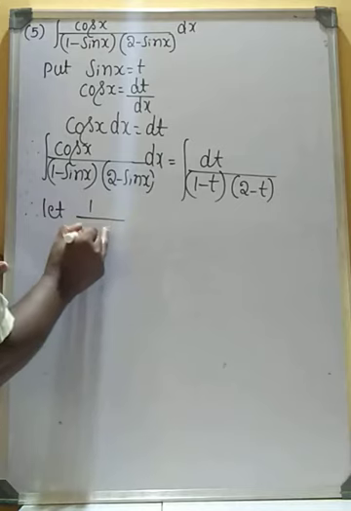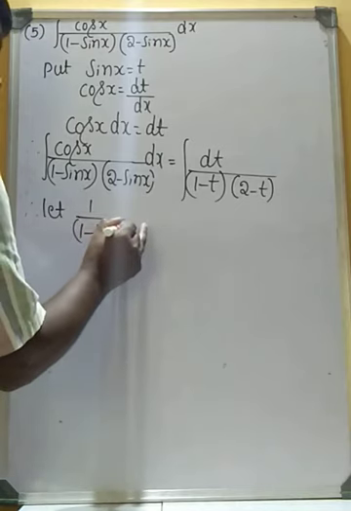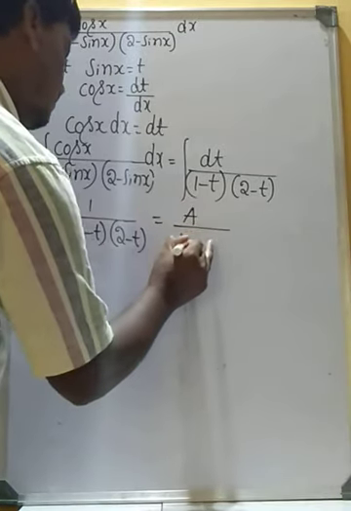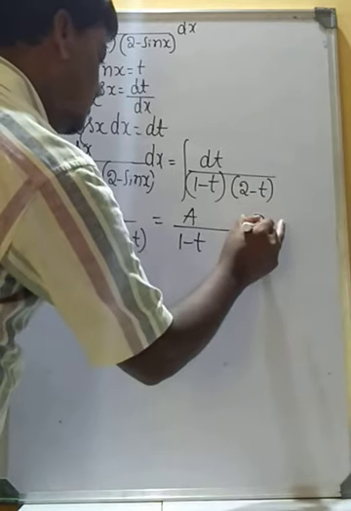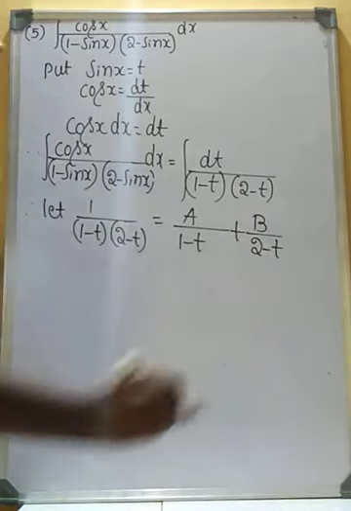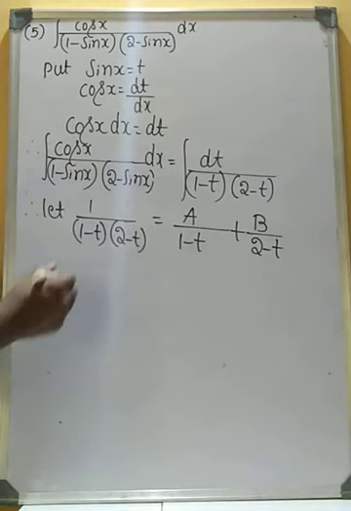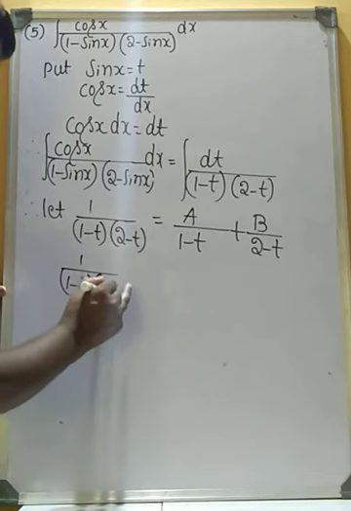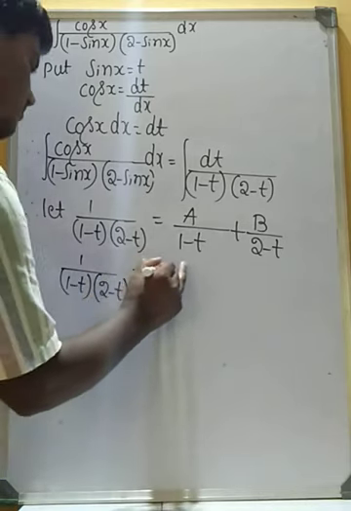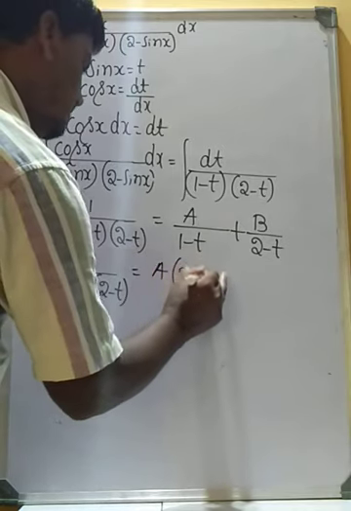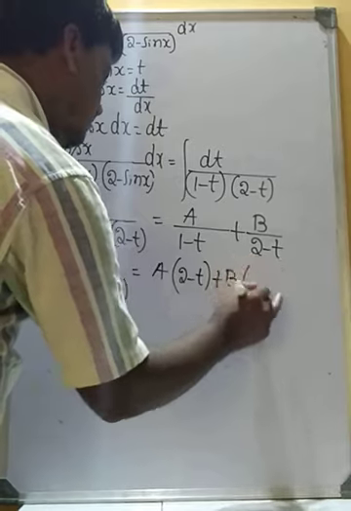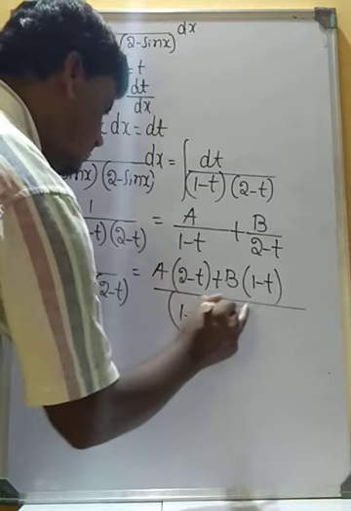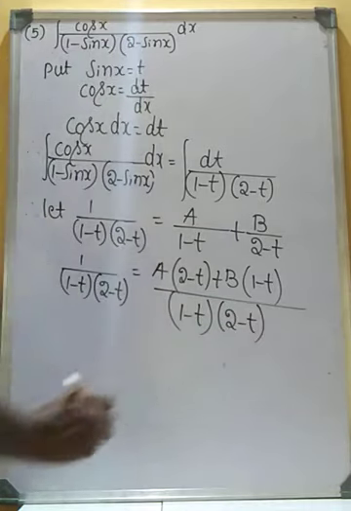1 divided by (1 minus t) into (2 minus t) is equal to a by 1 minus t plus b by 2 minus t by using partial fractions. Therefore 1 dividing by (1 minus t) into (2 minus t) equals a into (2 minus t) plus b into (1 minus t) dividing by (1 minus t) into (2 minus t).